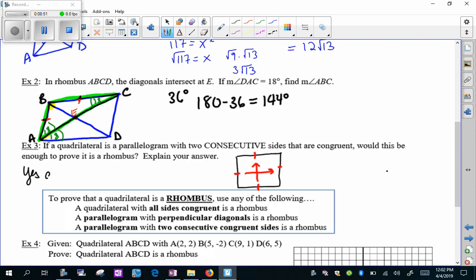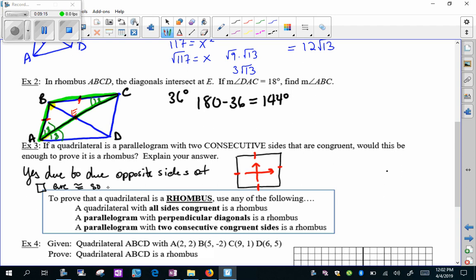Yes, due to opposite sides of a parallelogram are congruent.